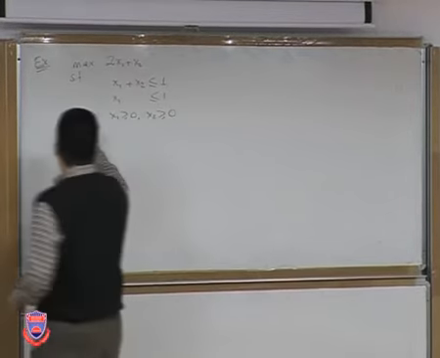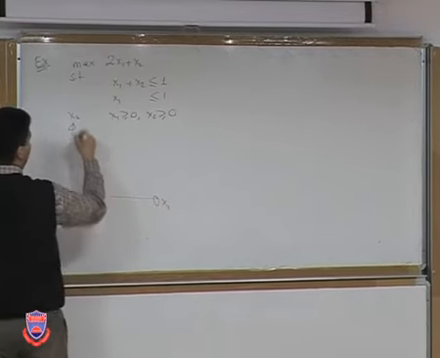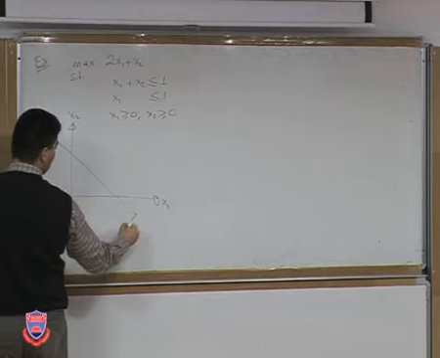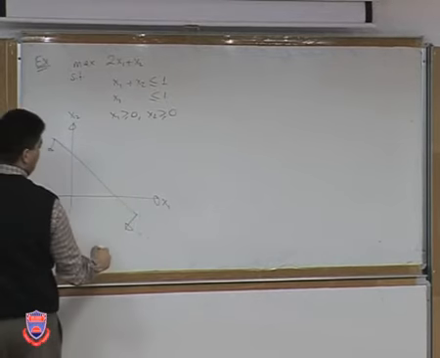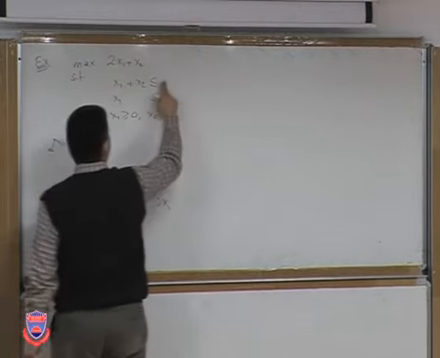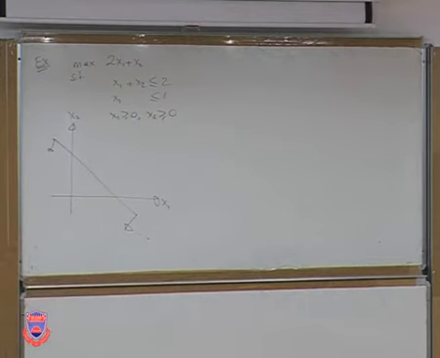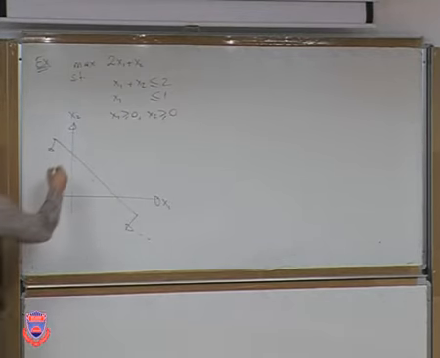So let's draw the feasible region. This is my x1 axis and x2 axis. The first constraint looks like this one. Sorry, let me just make it 2. So the first constraint is x1 plus x2 less than or equal to 2 rather than 1. This is what the first constraint looks like.